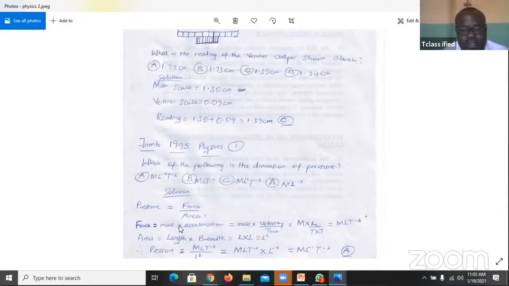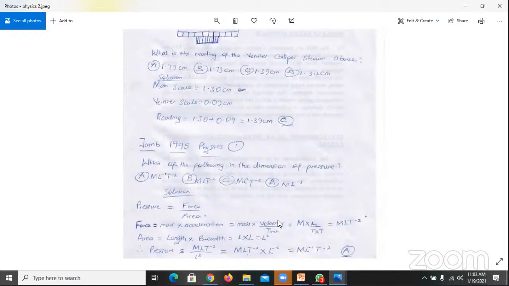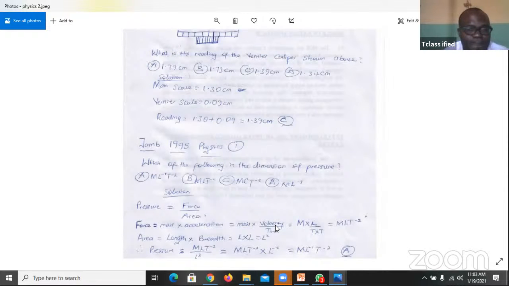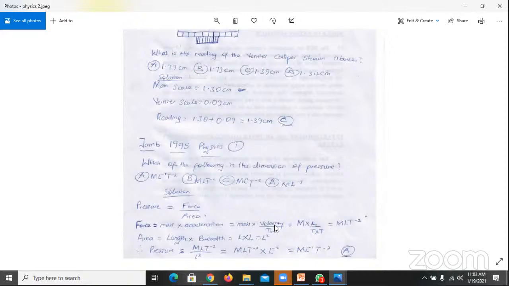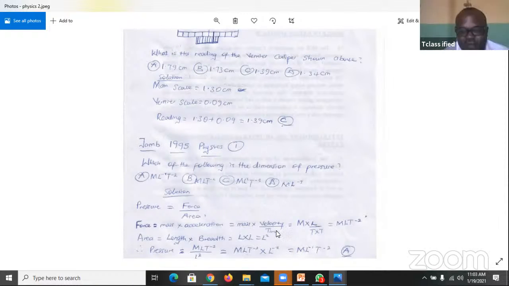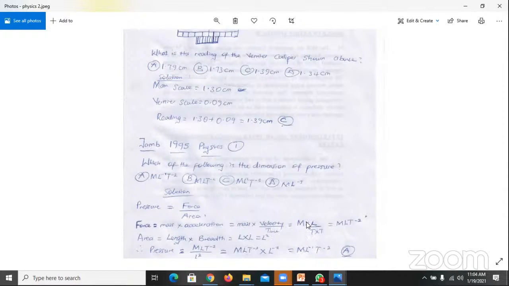So this is mass times acceleration. And acceleration is velocity over time, isn't it? Yes. So we have mass times velocity all over time. And velocity, we all know velocity is what? Length over time, isn't it? Yes. Good. So that's why we have this L over T.